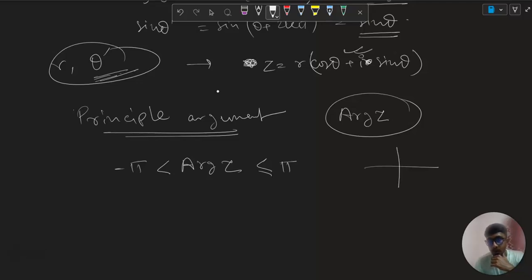From the positive real axis, if we go in this direction, this angle is minus pi, and if we go in this direction, it will be plus pi. So this principal argument of z will give me my unique representation.